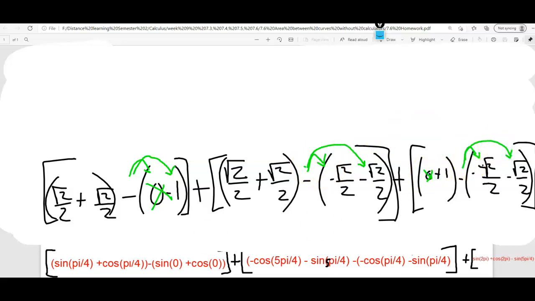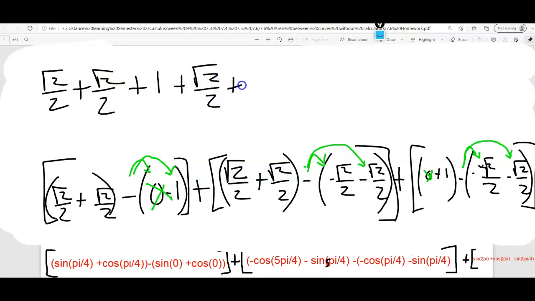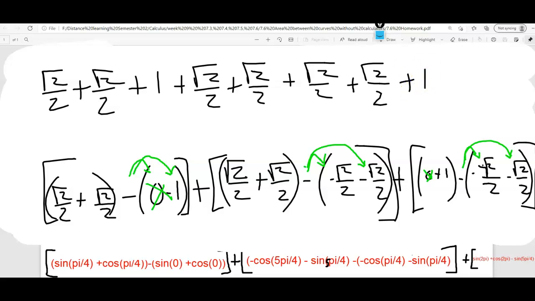So after you do all those distributions and get rid of all those zeros, you're going to have radical 2 over 2 plus radical 2 over 2 plus 1 plus radical 2 over 2, radical 2 over 2, plus radical 2 over 2, and so on. A lot of radical 2 over 2's here.